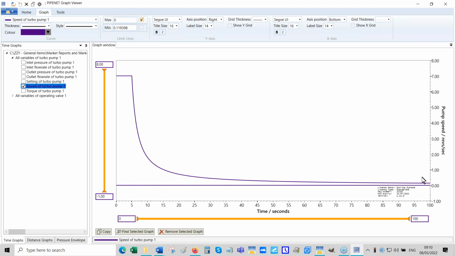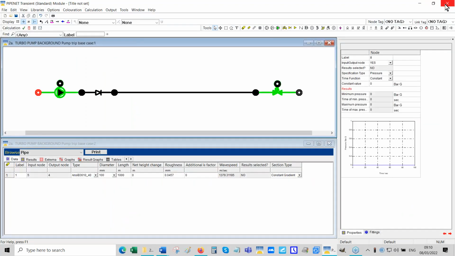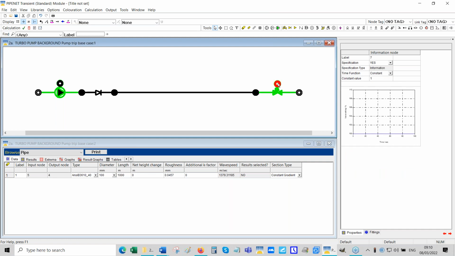I succeeded this time. And you can see that it's very slowly approaching the 0 line. As a turbo pump, but because the behavior of the system here is no different from any other, especially because this valve is constantly open.